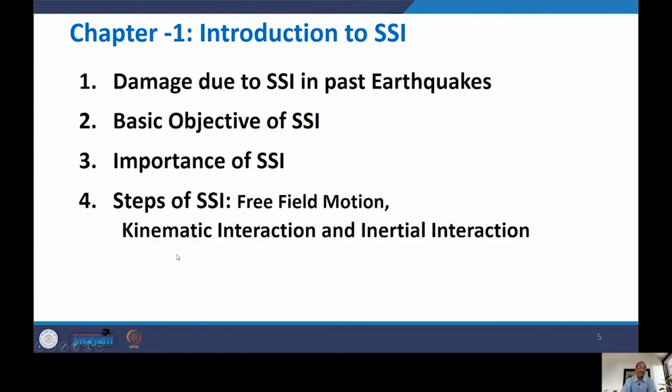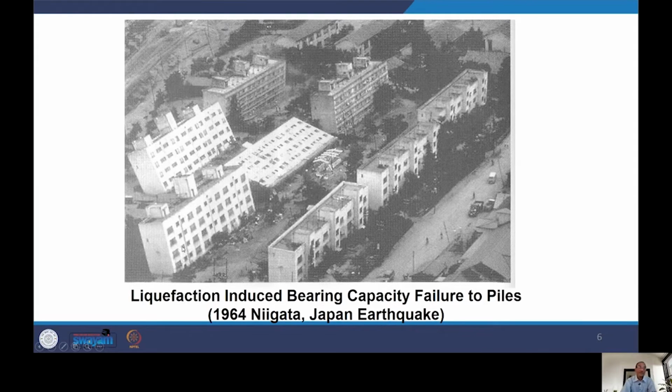So let's discuss the damages in past earthquakes. Some of the slides here have already been discussed from some other observation. For example, this is the first slide, which is from the 1964 Niigata, Japan earthquake. What you could see in this slide is the liquefaction-induced bearing capacity failures of piles.